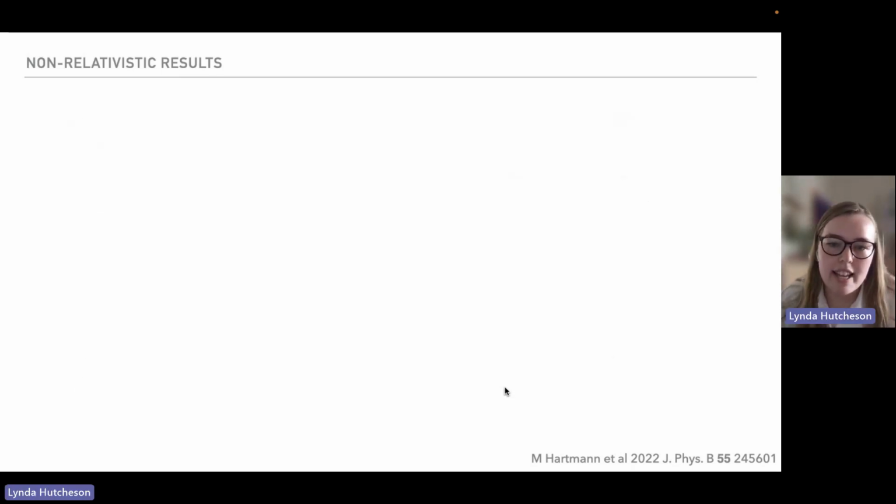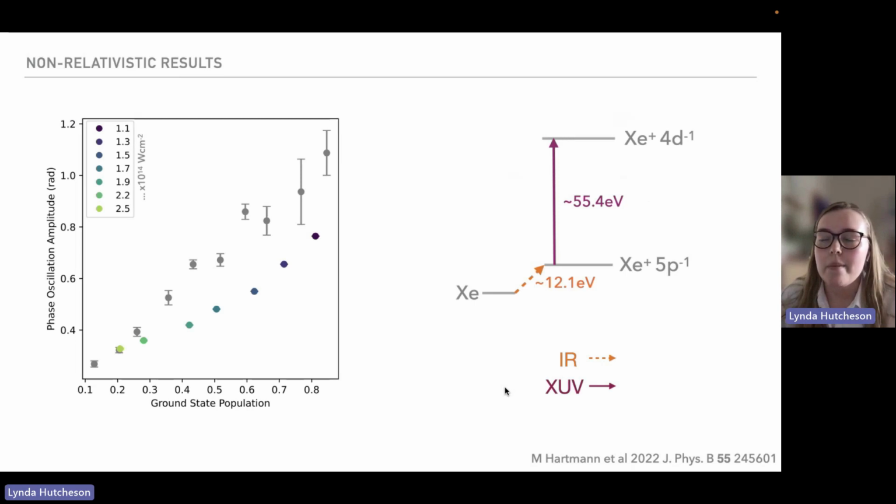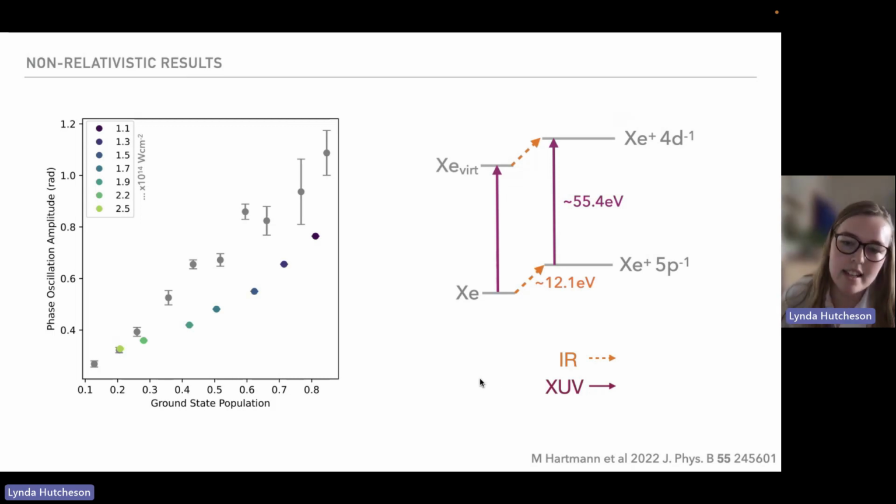So how does this picture then help to explain our second proposed ionization pathway? Well, as you increase the laser intensity, you're driving more strong field ionization. So more population is going to follow this first pathway. At lower laser intensities, there's going to drive less strong field ionization.